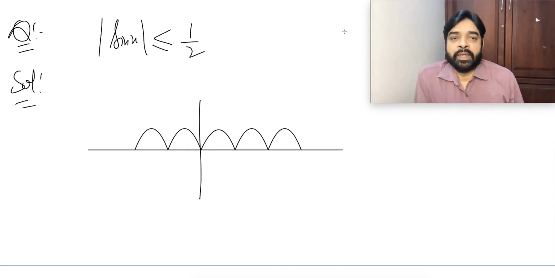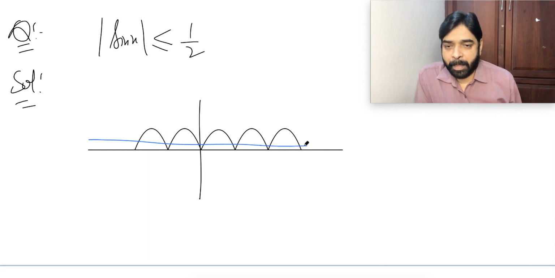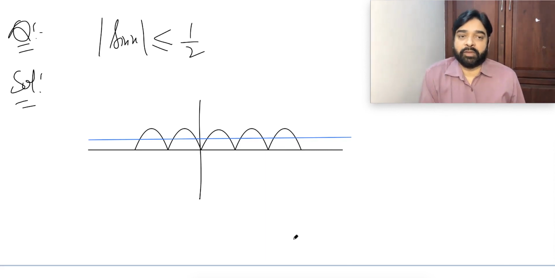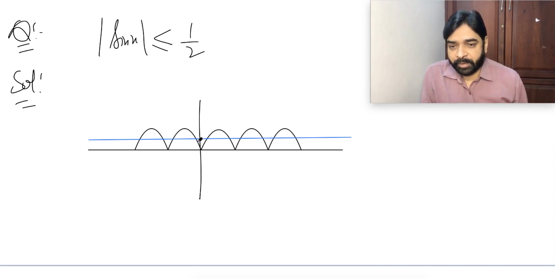Yes or no? And then y equal to 1 by 2 will be this. We want the portion where mod sin x is below 1 by 2, meaning the black color should be below the blue color.